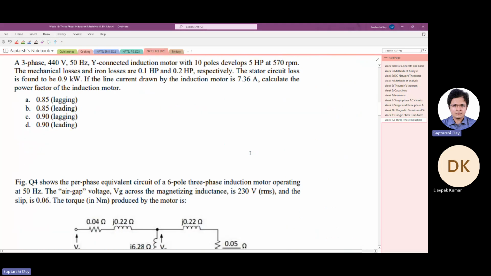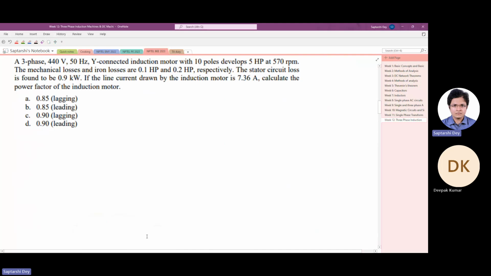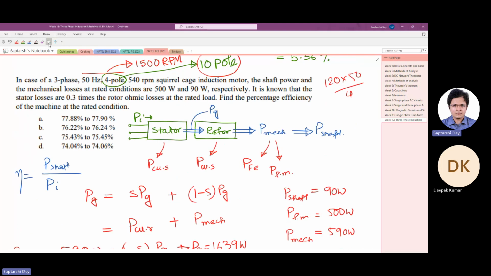I will solve this question. Three-phase 440 volt 50 hertz Y connected induction motor, 10 poles, developed 5 HP at 570 RPM. Let us see, I think we will need this diagram.